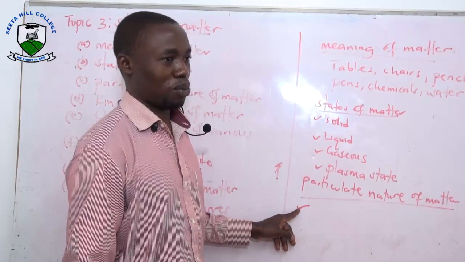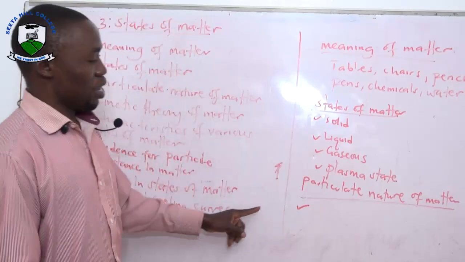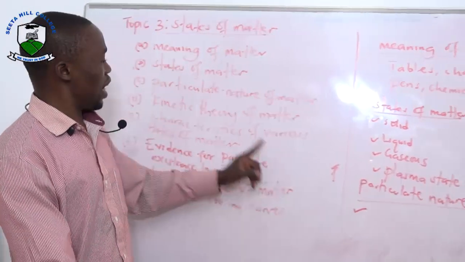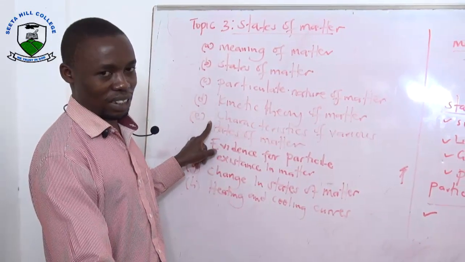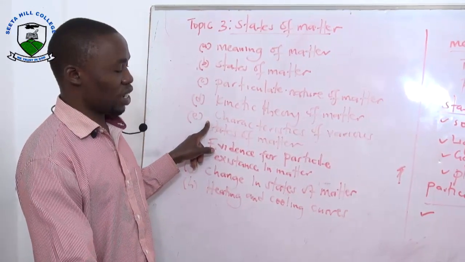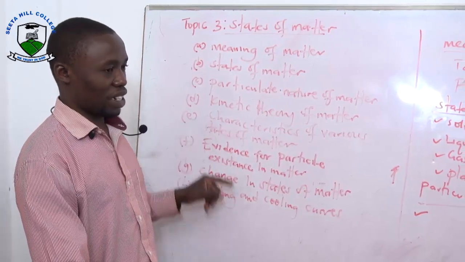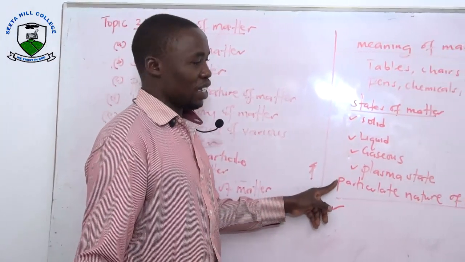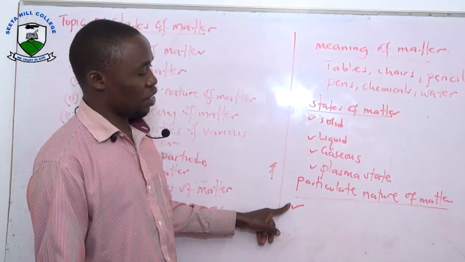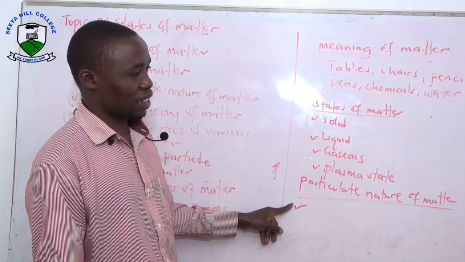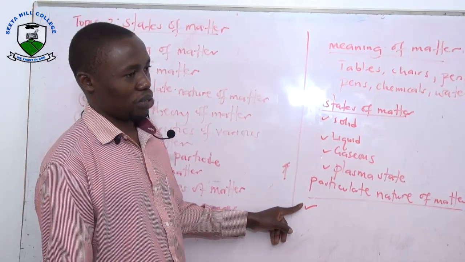That's point one. Listen, because we shall relate particle nature to kinetic theory, which would explain the characteristics of different states of matter. Therefore, you need to listen. They said the first scientific theory was that matter has tiny particles.